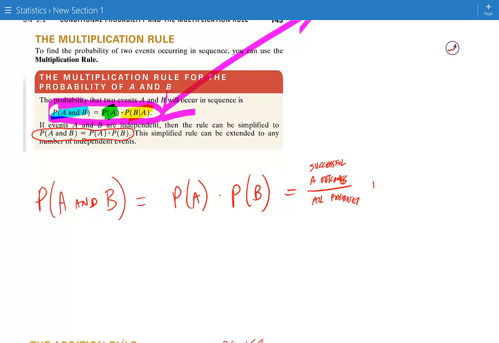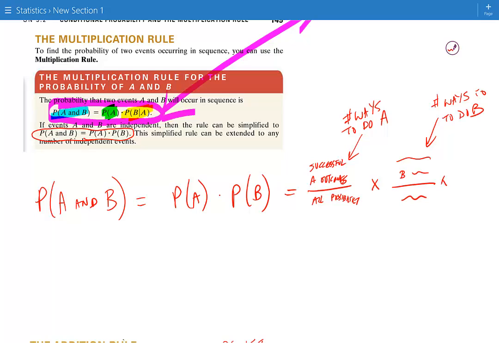And it would be the same thing for B, etc. And all of these things right here, it's not plus, it's going to be times. And so really, this is a number of ways to do something, to do A. This is a number of ways to do B, and etc. We could go on for as many events that we want to run together in a row.